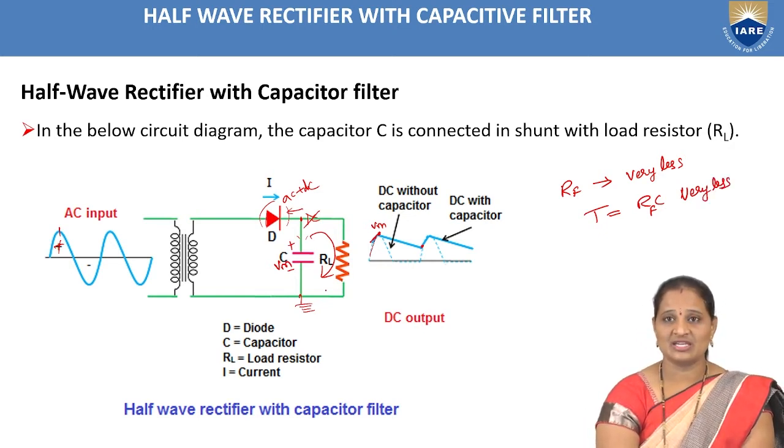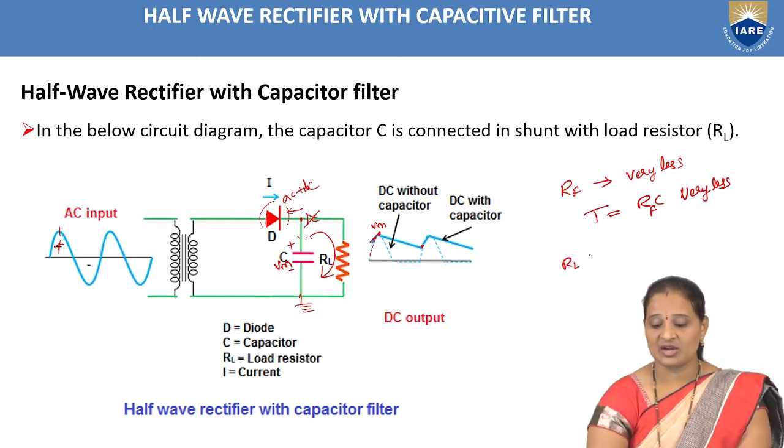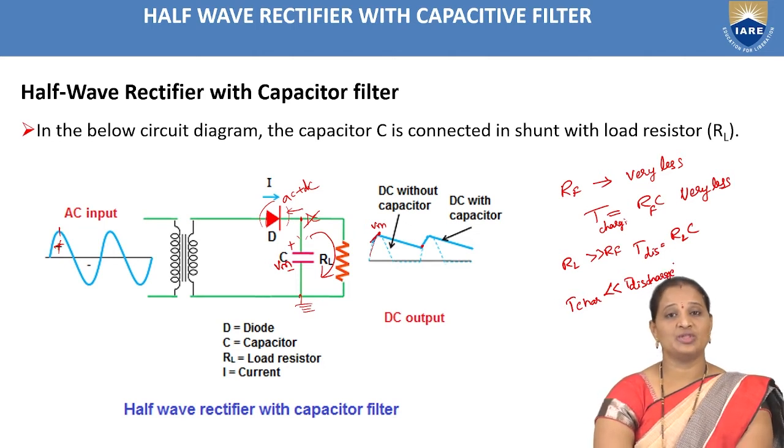Whereas the capacitor is discharging through the load resistor, where the load resistor is very much greater than RF, and hence the discharging time constant is equal to RL into C. So when we compare the charging time constant with the discharging time constant, the charging time constant is very much less than the discharging time constant because the capacitor charges through the forward resistance of the diode, whereas it discharges through the load resistance.